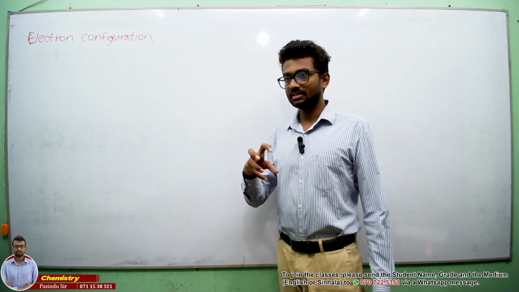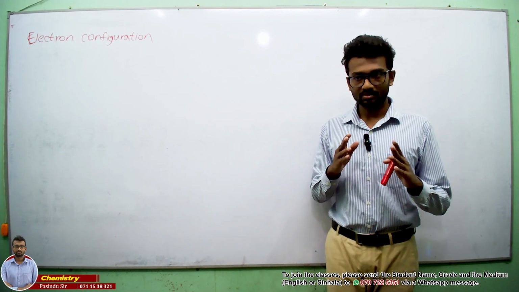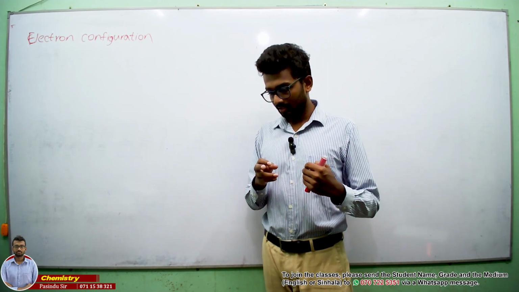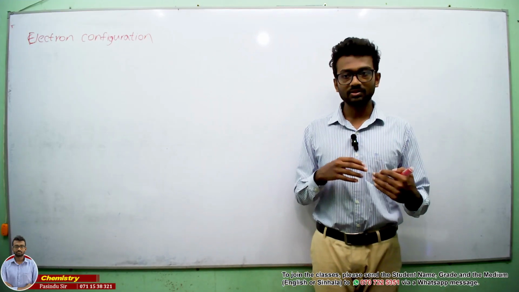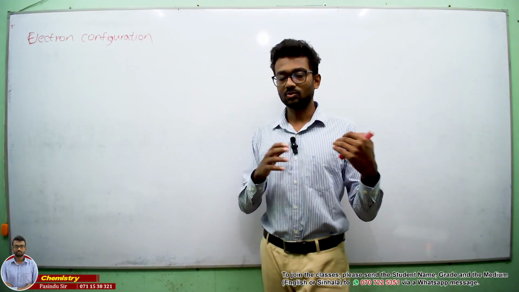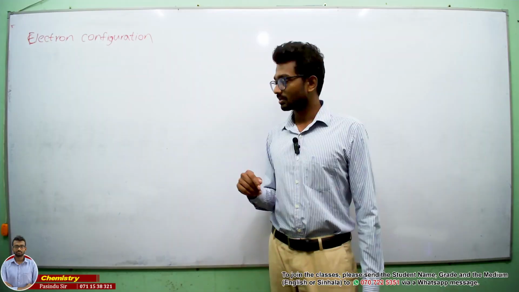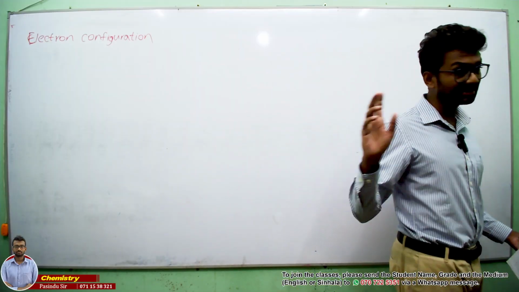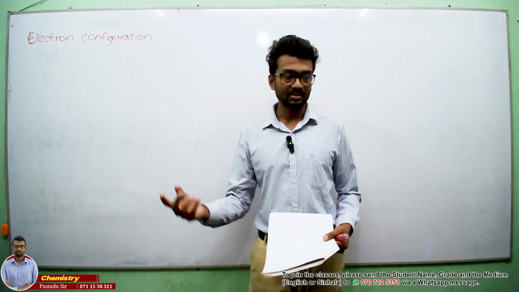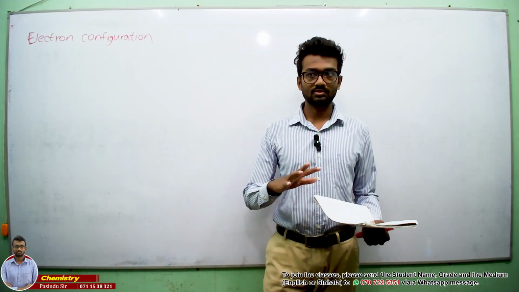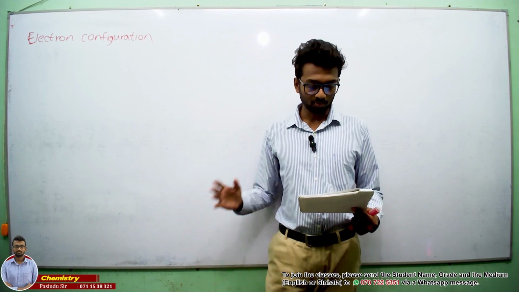The very basic principle behind that is energy. Electrons fill according to increasing energy, from low energy to higher energy orbitals. It likes to stay in low energy, so it first fills lower energy levels and then higher.